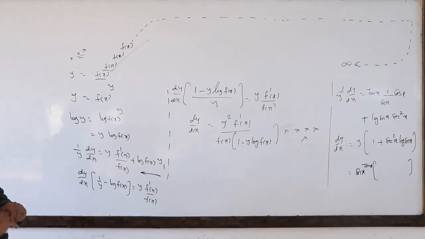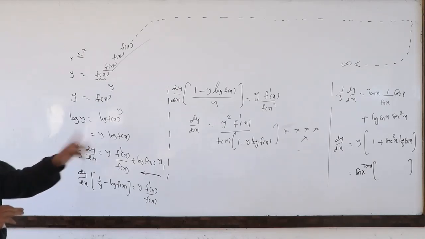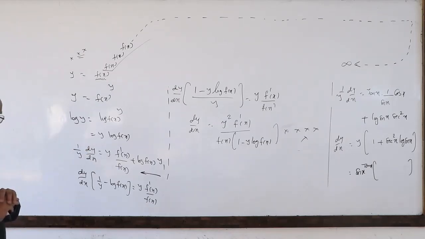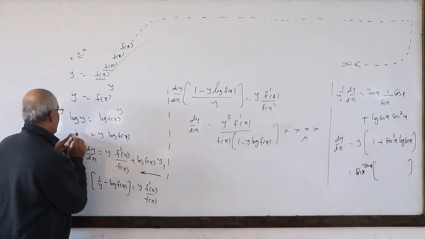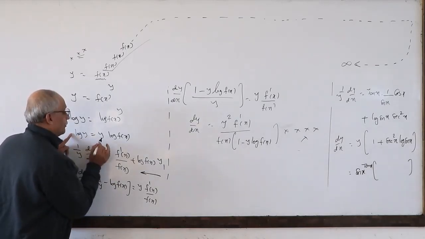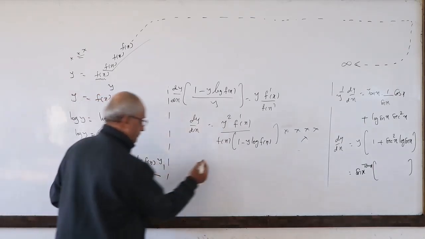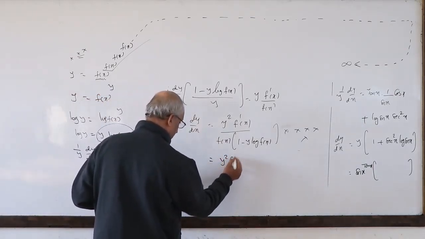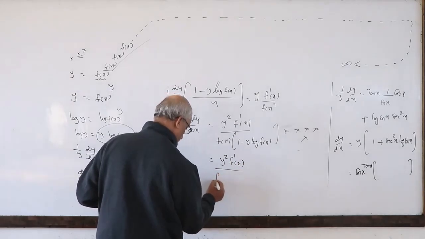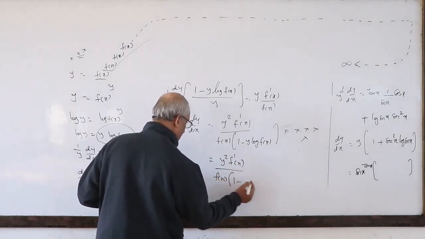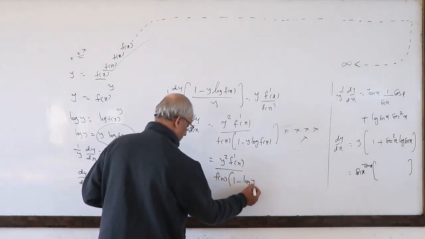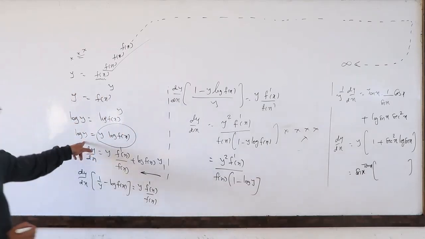In the cinema, the hero is not fighting, the duplicate is fighting. Here this is the hero. What is its dupe? Here. This is called the dupe. What is y log f of x? It is log y. So y square f dash x by f(x) into (1 minus log y). Suddenly this is possible.